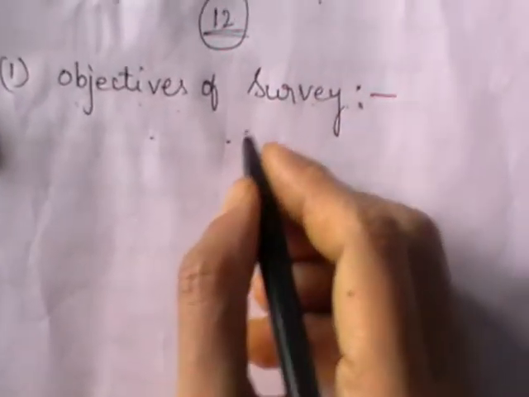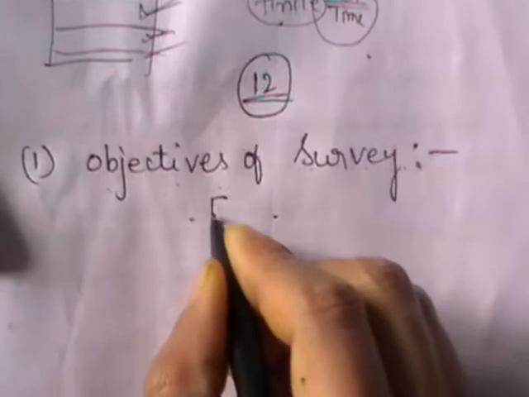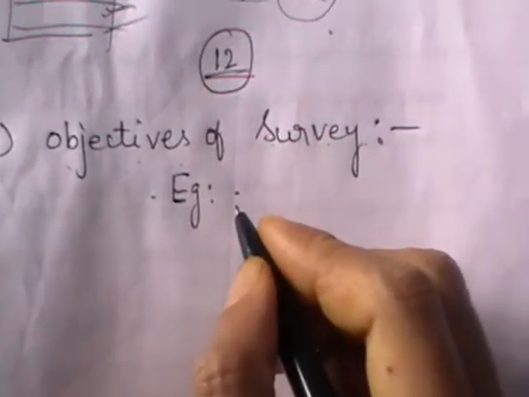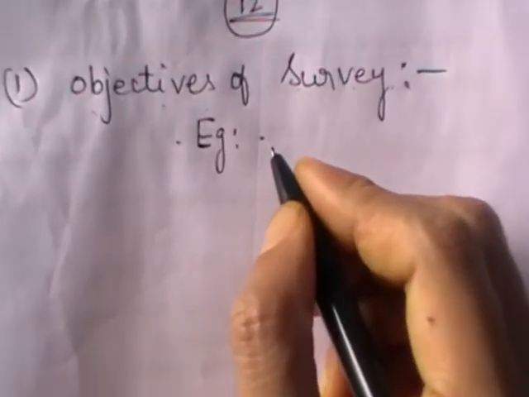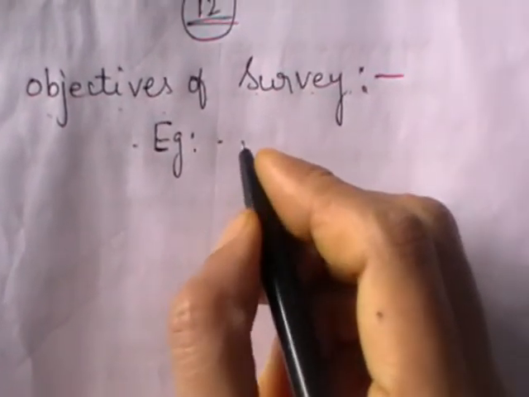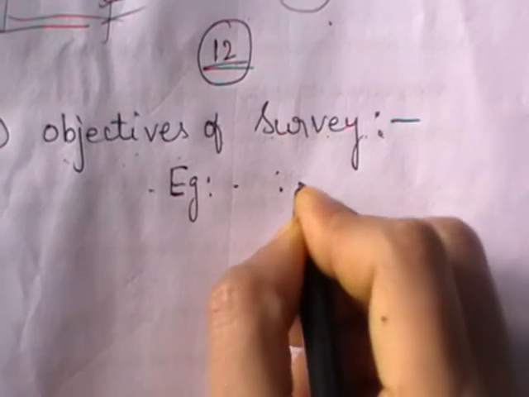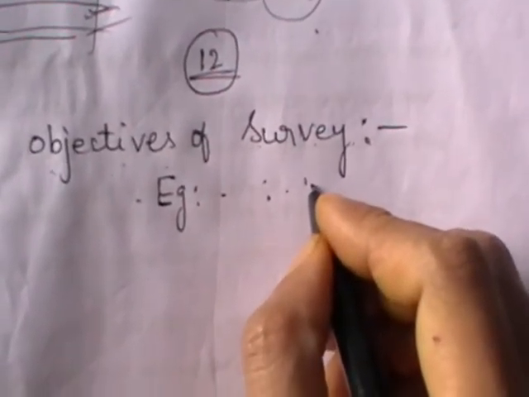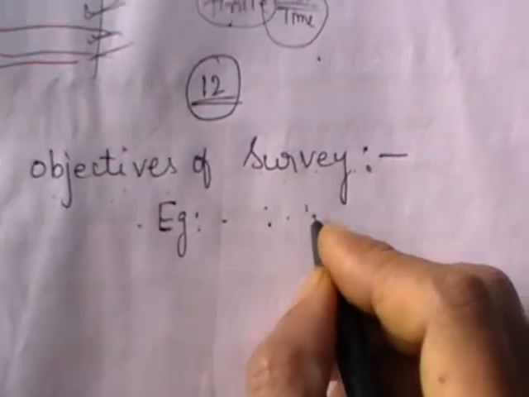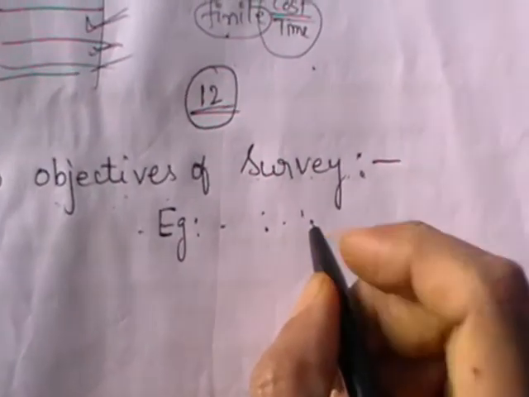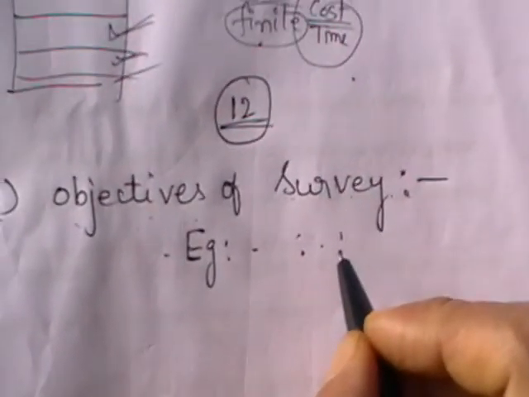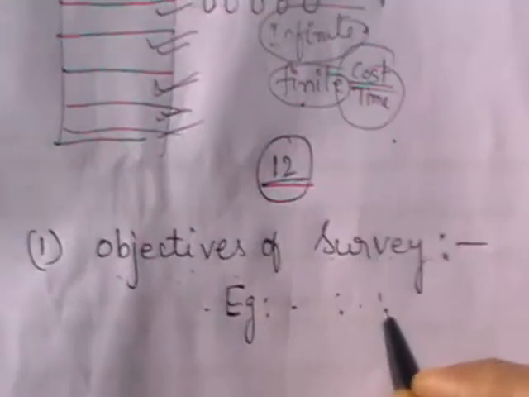In the same example I have considered, if the survey is regarding the income of so and so families in a particular area, then you should specify that the objective of the survey is to study the average income of the families in the given area. So the first step in any survey is to specify the objective of the survey clearly.